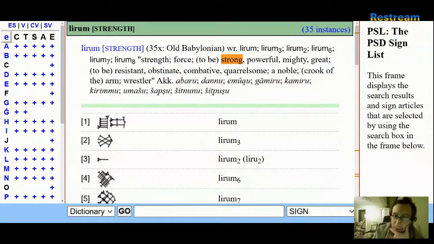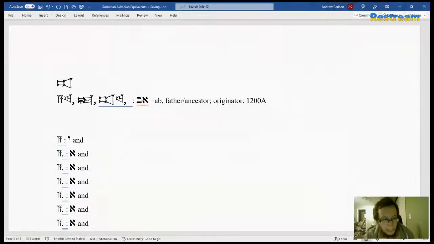Let me see if I can explain this better. All right, I got a good way to explain this. I'm going to share the screen again with the document file that we had from earlier. Okay, so right here, let's say we're going to use the Hebrew word ab.